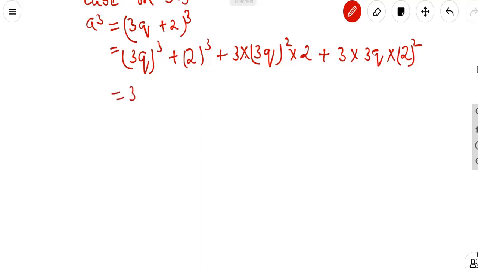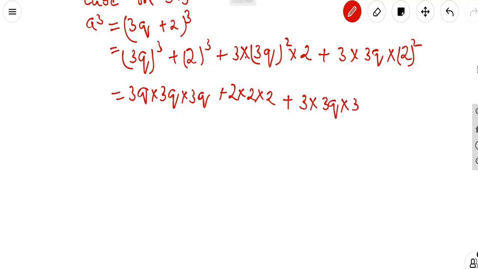If you want, you can write one more step: 3q into 3q into 3q, plus 2 into 2 into 2, plus 3 into 3q into 3q into 2, plus 3 into 3q into 2 into 2.